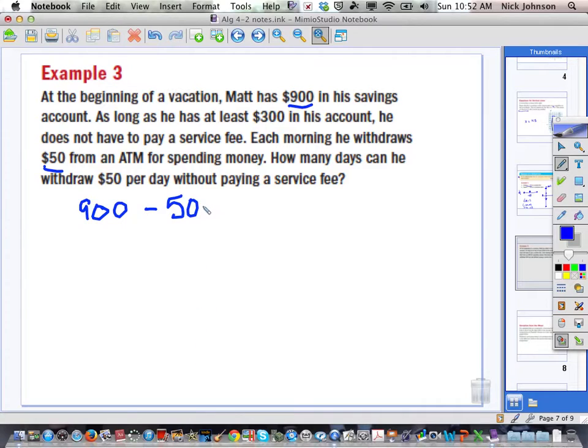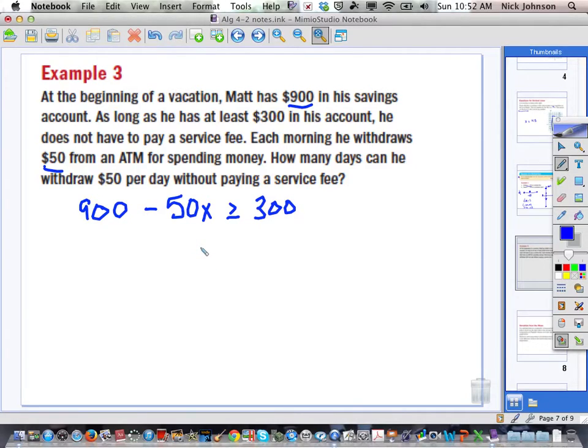Well, that's my variable, that's my x. As long as he has at least $300 in his account, he does not have to pay a service fee. So as long as it is greater than or equal to 300, he doesn't have to pay a service fee.